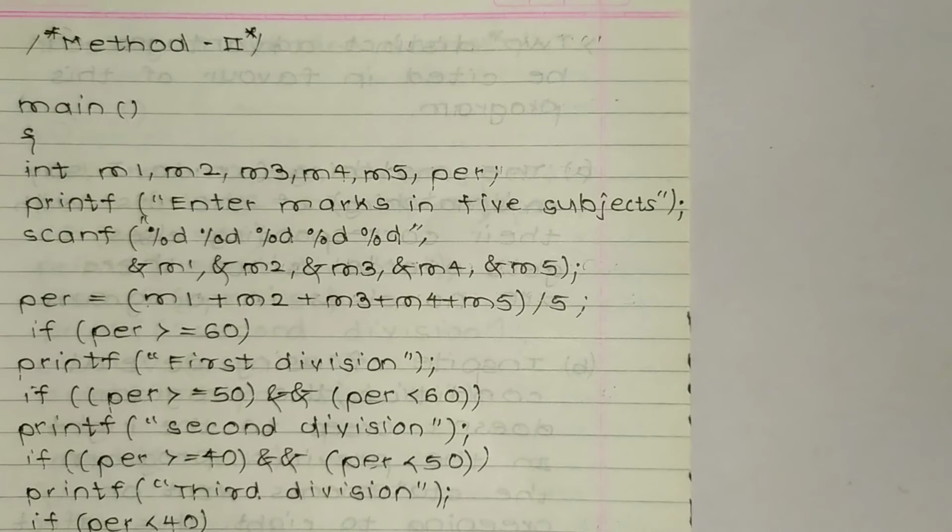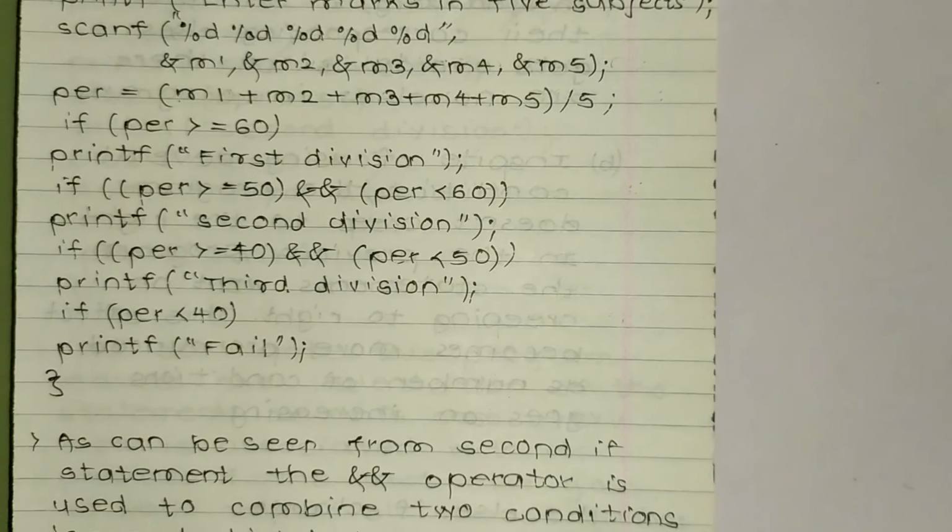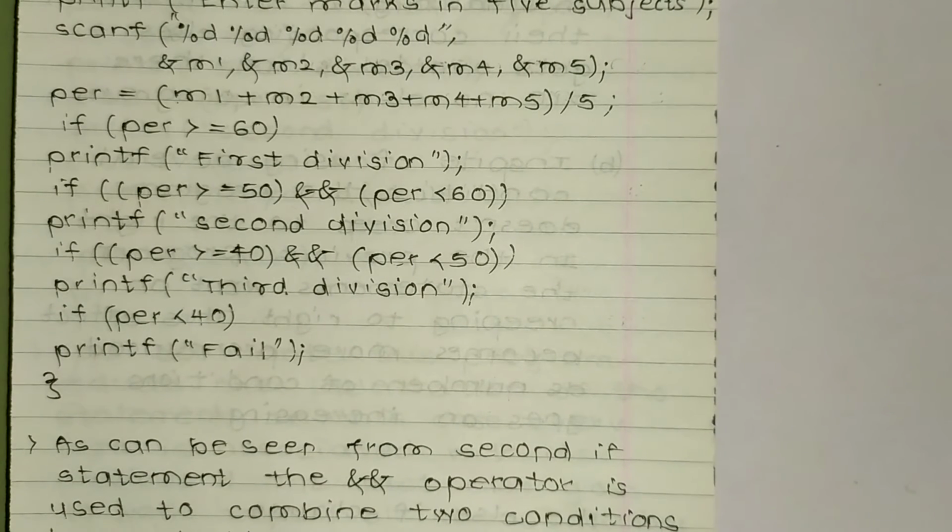Now we have per, that is the percentage value. Now we will be using logical operators. If per is more than or equal to 60, printf first division. Now if per is greater than or equal to 50 and per is less than 60, printf second division.